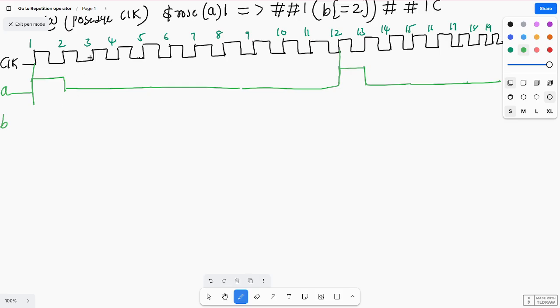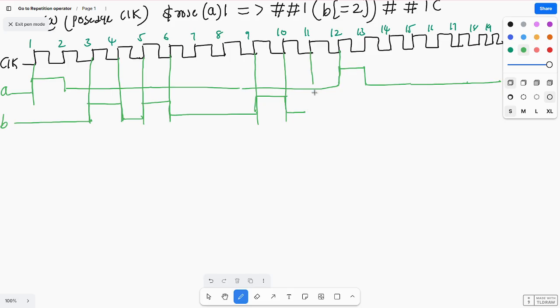B will be 1 at the third clock cycle. At the fifth clock cycle it will again be 1, and at the sixth clock cycle again it will be 1. At the ninth clock cycle it is 1, and at the 10th cycle it becomes 0.